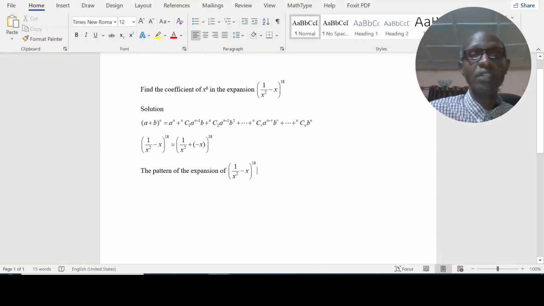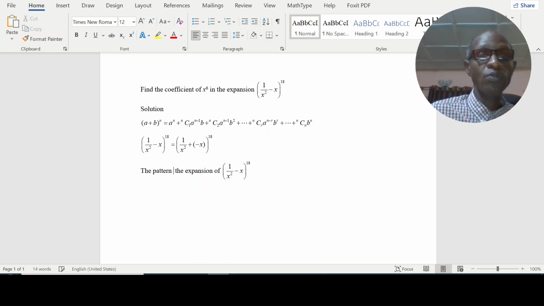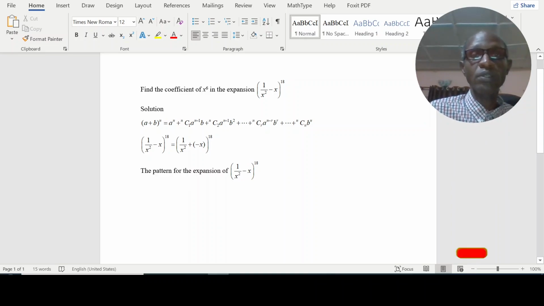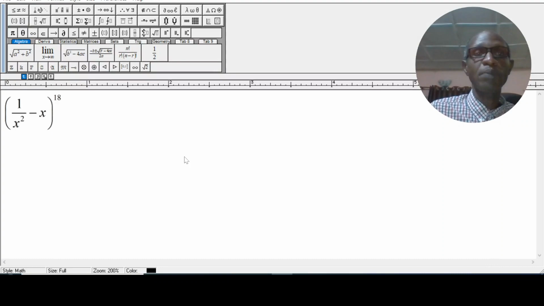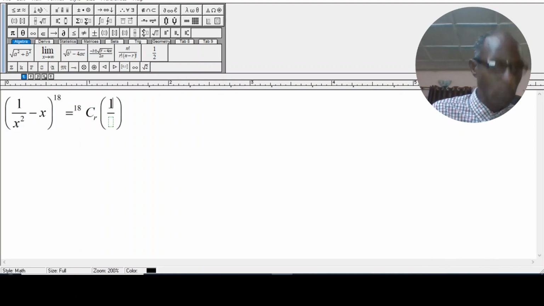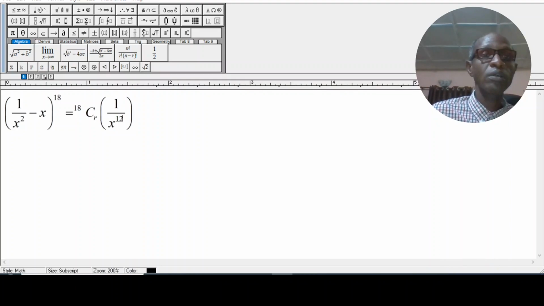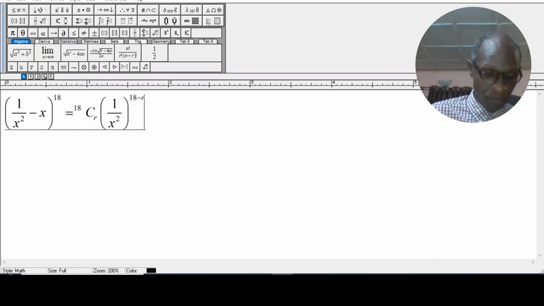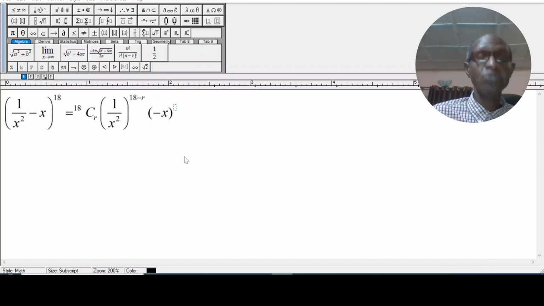Now the pattern for the expansion of this will be 18, where 18 is your n in this case, 18 combination r, times 1 over x all squared, to the power of 18 minus r, then we have minus x raised to the power of r.